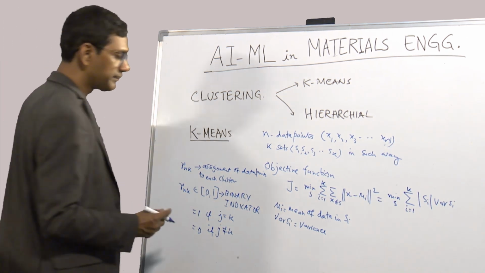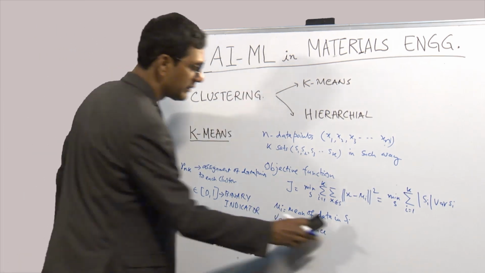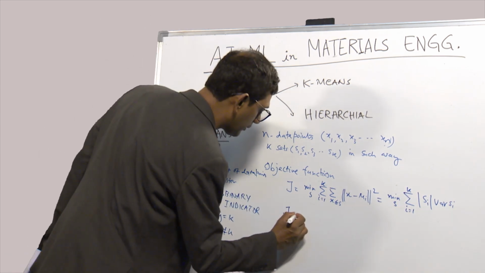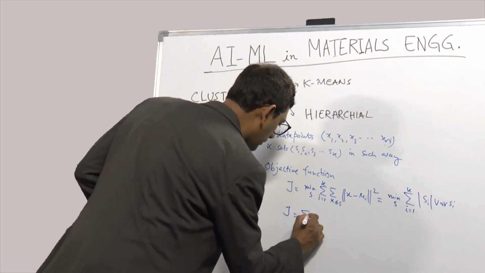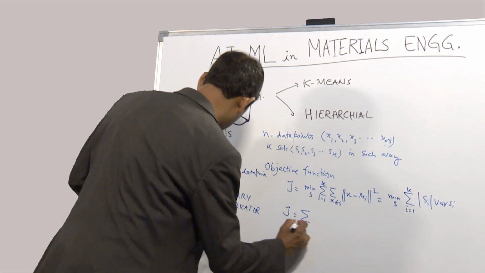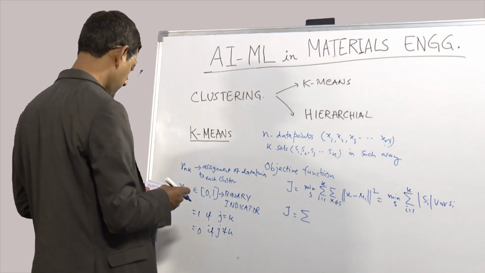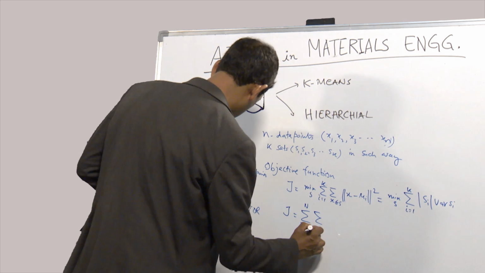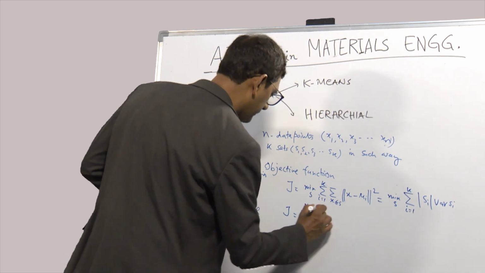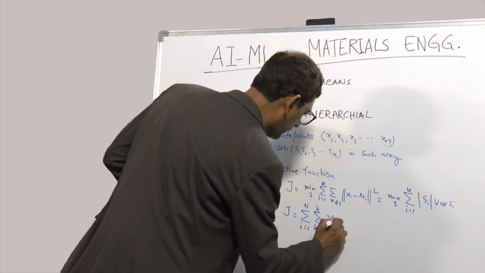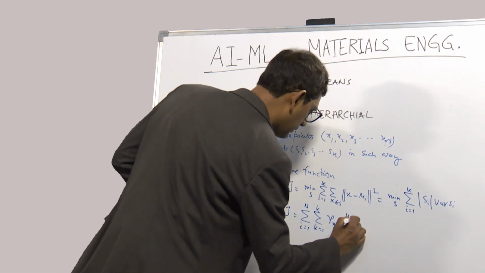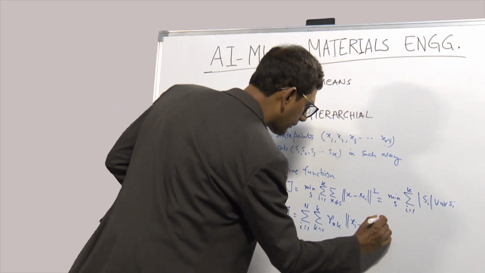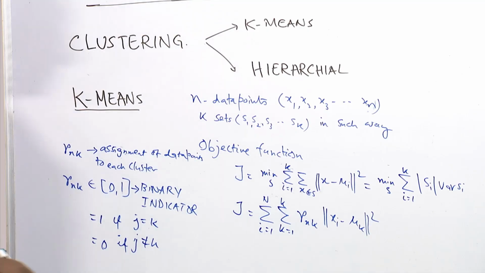So, now we can write down J with this knowledge, J is equal to, very simple, sum over i from 1 to n, sum over k from 1 to k, r nk times x i minus mu k whole square. That is it, right.